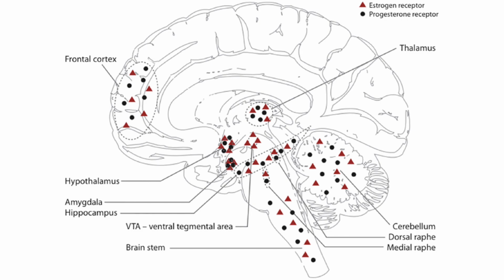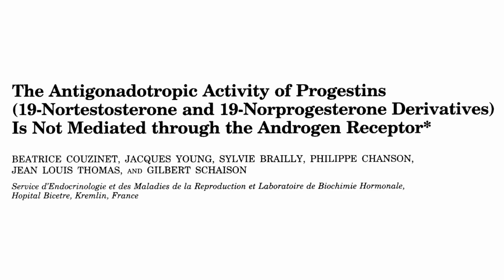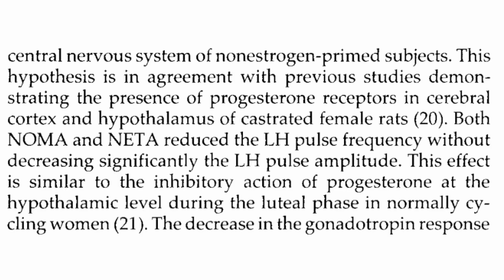So for example, why is Trenbolone so suppressive? As it is part of this class because of the progesterone receptor activation. Trenbolone is strongly binding to the progesterone receptors in the brain, directly blocking GnRH and directly blocking LH release. This study found that progesterone receptors in the hypothalamus regulate GnRH suppression more strongly than androgen receptors in the pituitary.